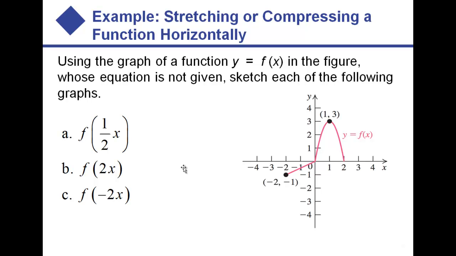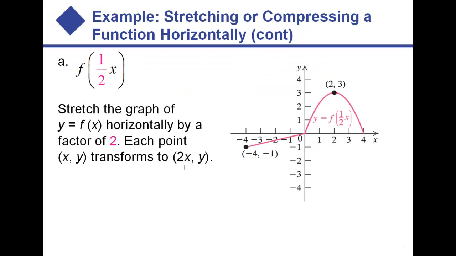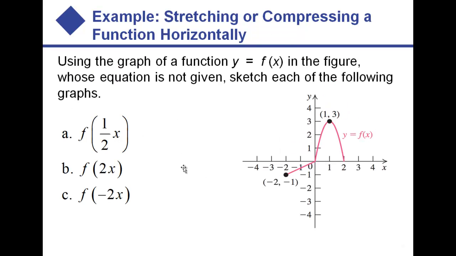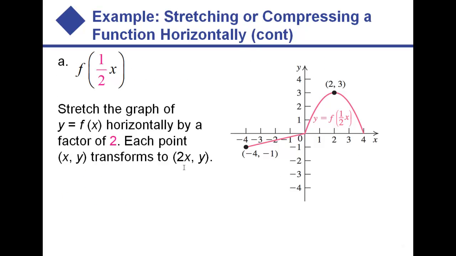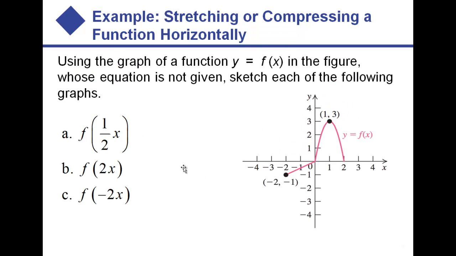Here's our original function. Some weird, funky thing that looks like a parabola with a line stuck on it. And we want to figure out what's going to happen with numbers on the inside. So that's what's happening when you put the 1/2 on the inside. See how it got wider? It's still at a height of 3 there at the vertex.